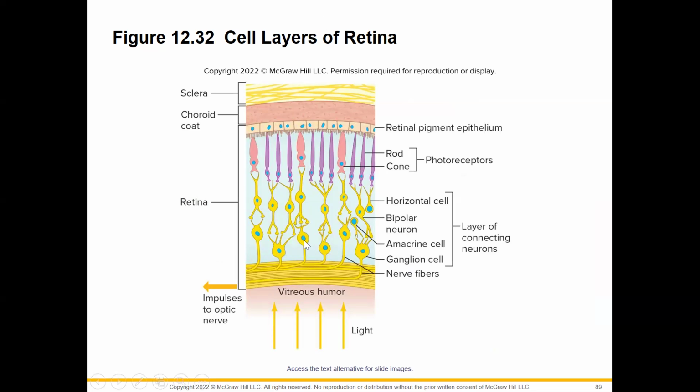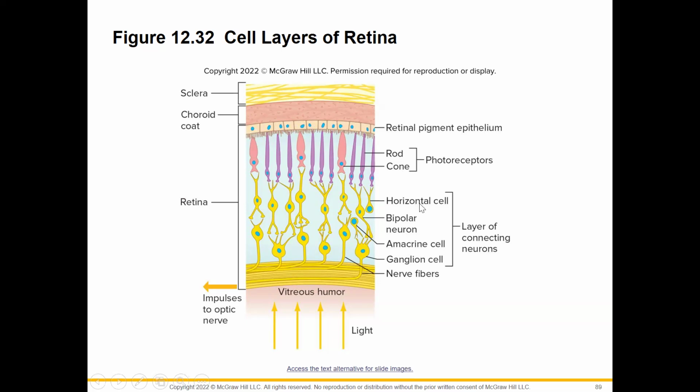When you look at the eye closer, you have the sclera that is most superficial. Then deep to that is the choroid coat. And then you have the retina, the pigment epithelium, and the photoreceptors. The photoreceptors are rods and cones.